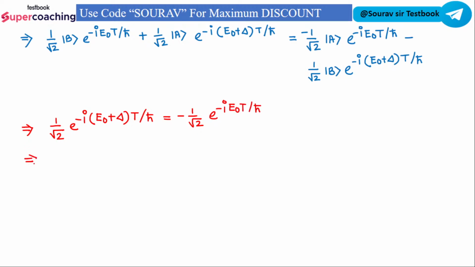Good, see 1 by root 2 will cancel, e to the power of minus I e naught t by h cut will cancel, so what is extra here, e to the power of minus I delta t by h cut is actually equals to minus 1.